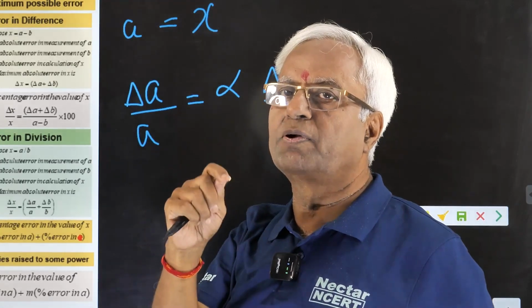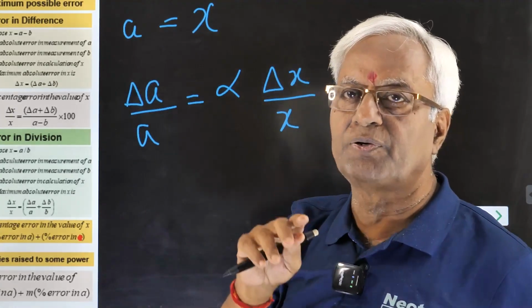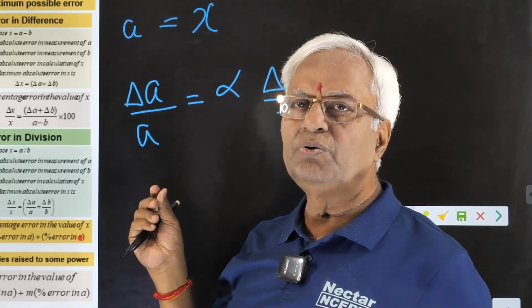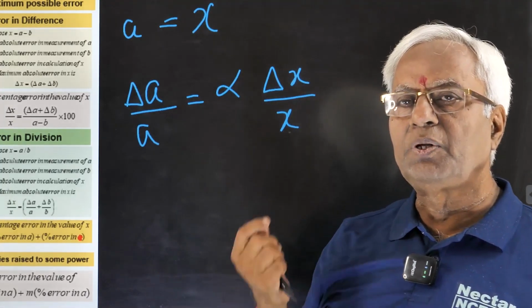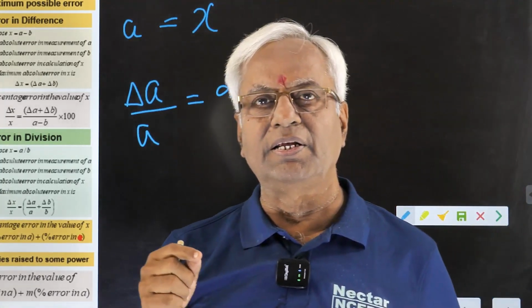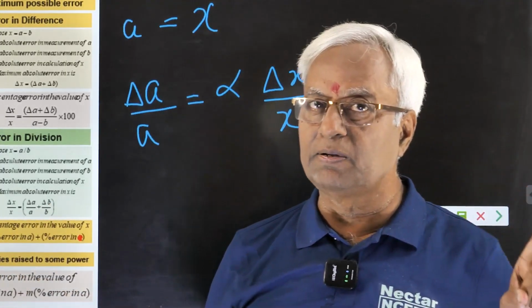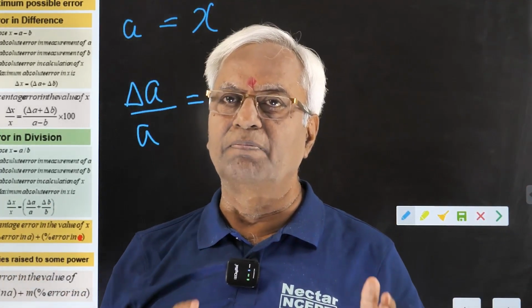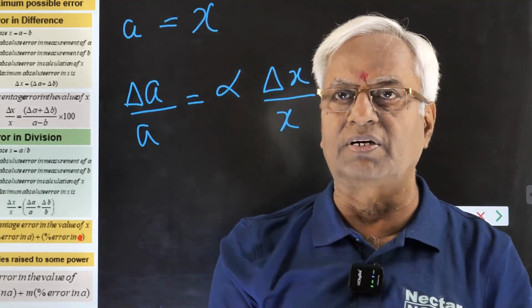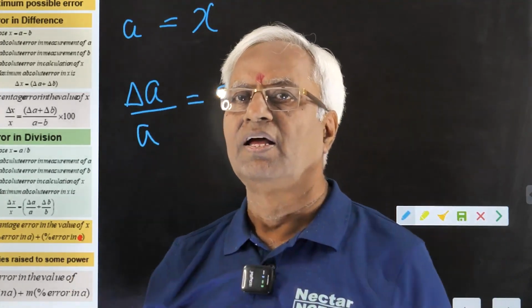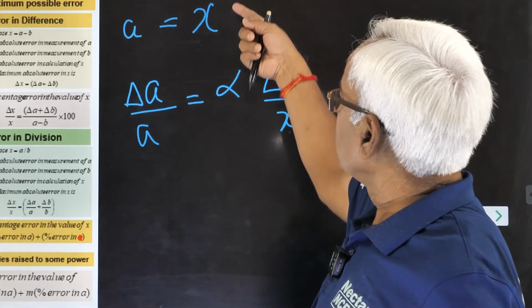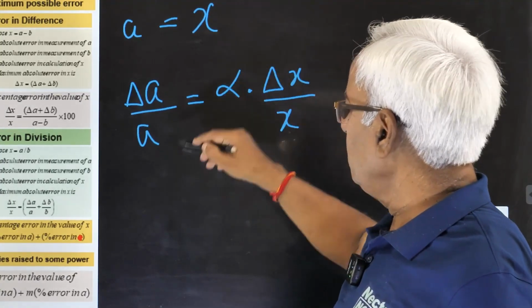Then how to remember? What will be the remembering technique for you in this example? You need to say that powers are converted into multiplication. Whereas in the case of multiplication, I told you that the multiplication process is converted into addition. And here we would say that powers are converted into multiplication.